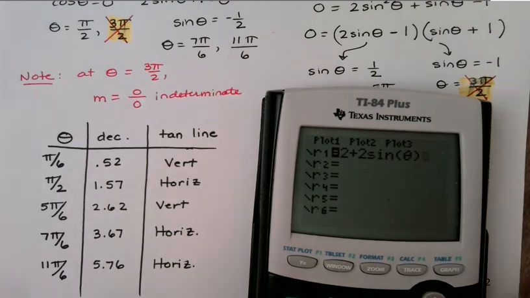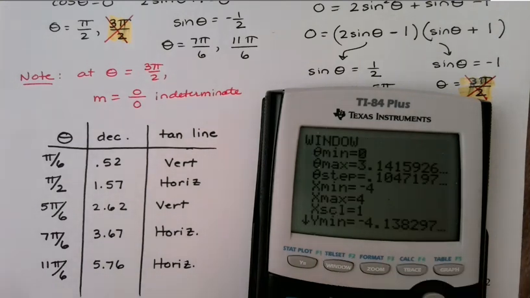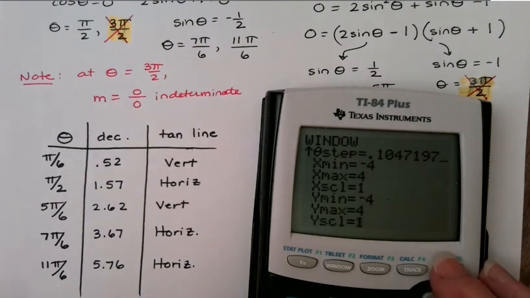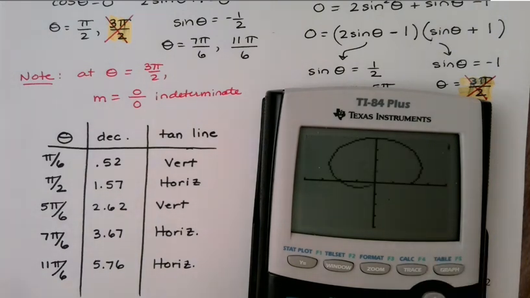On the window, we do need to go 0 to 2 pi to get this to graph. My step size is probably fine. x from -4 to 4, and y also -4 to 4. All right, there's our cardioid. Not bad.